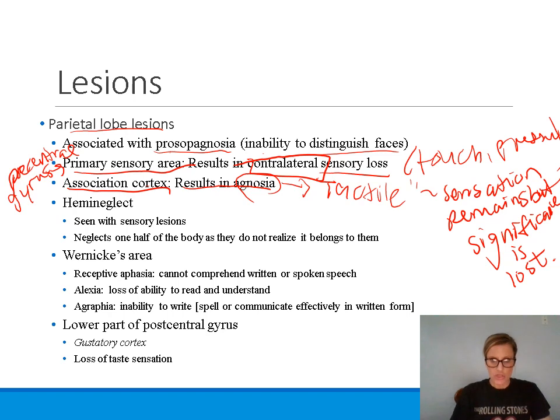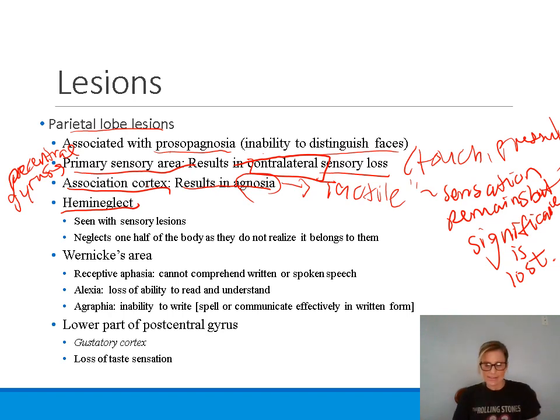This can be associated, if we have sensory lesions in the primary sensory area, with something called hemi-neglect. Hemi just means half, right? So this is half neglect. This is neglect of half of the body. This is with severe lesions in the primary sensory area.